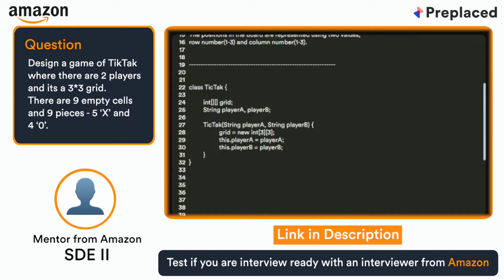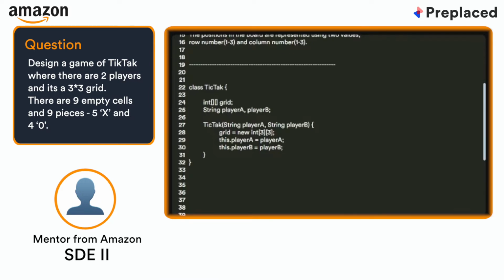My runner will initialize a new instance of the game. Let's say TicTac game equals new TicTac, and I will be passing name one and name two as parameters.